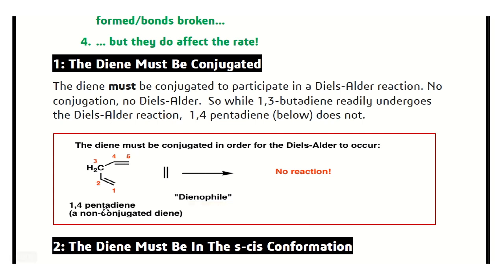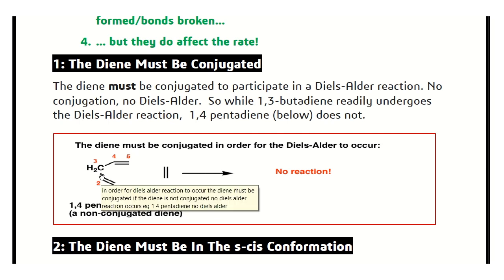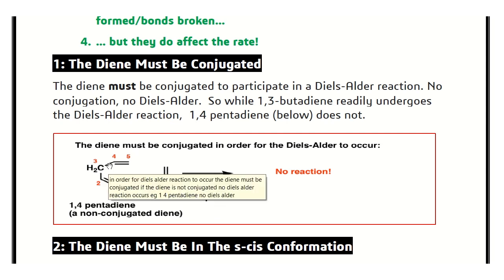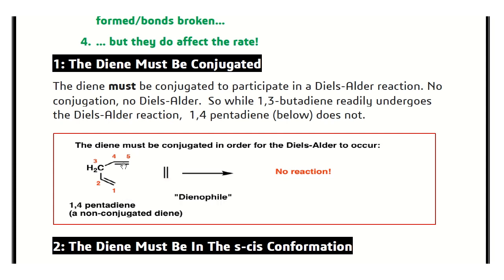Conjugation is basically a terminology used in organic chemistry meaning that double bonds or unsaturation must be present at alternate positions with the sigma bond. In this structure conjugation is absent. Over here we have the double bond, here a single bond, and again another single bond, and then a double bond.